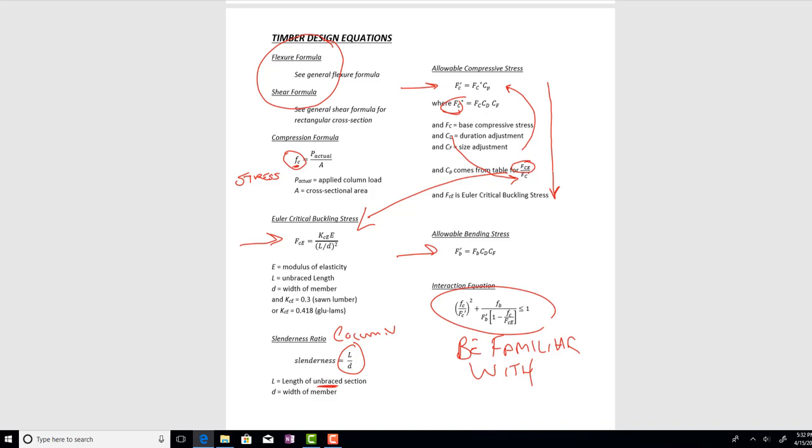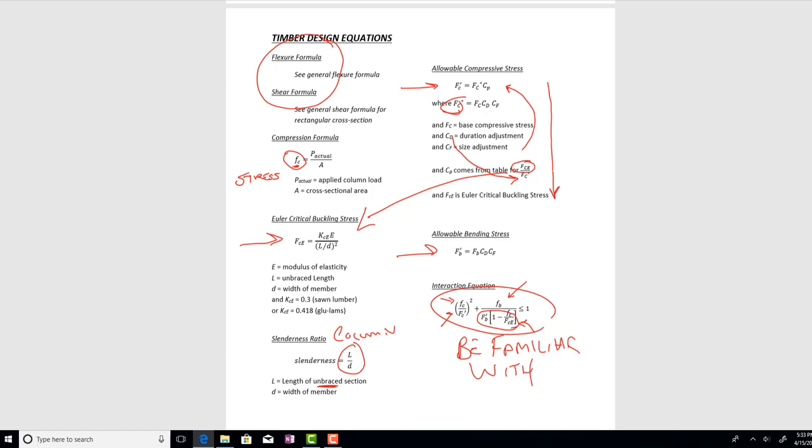All we're doing here is we're taking the compression stress that actually exists in the column, and we divide by the compression capacity. We also take the bending stress that actually exists in the column, divide by the bending capacity. I know there's a bunch of extra stuff in here. That's just the empirical form for timber, but it's the actual bending stress capacity that exists.